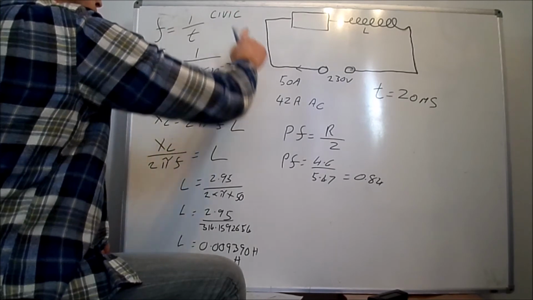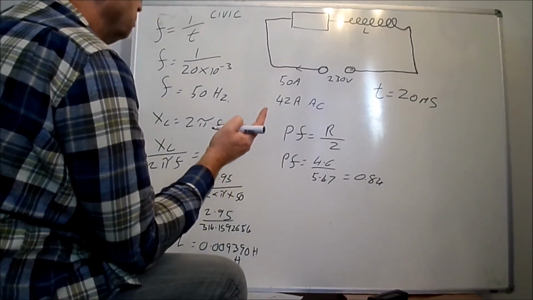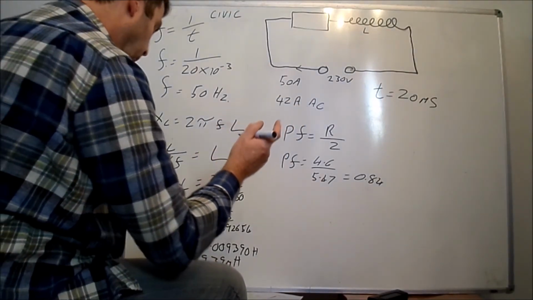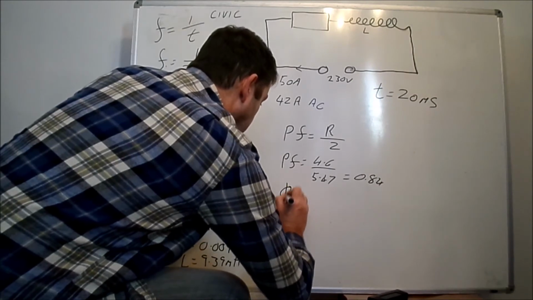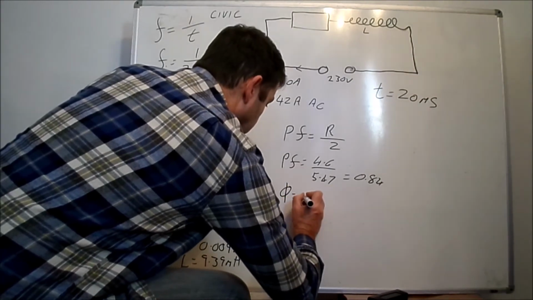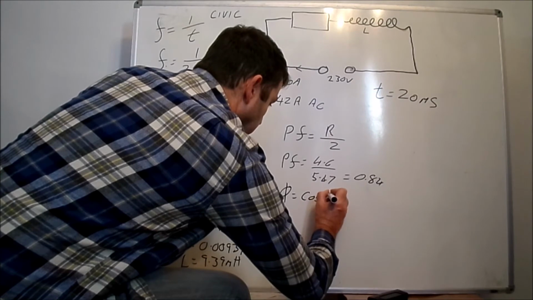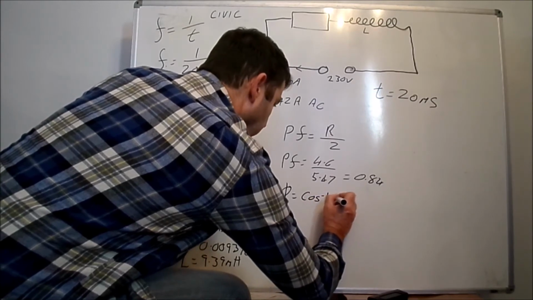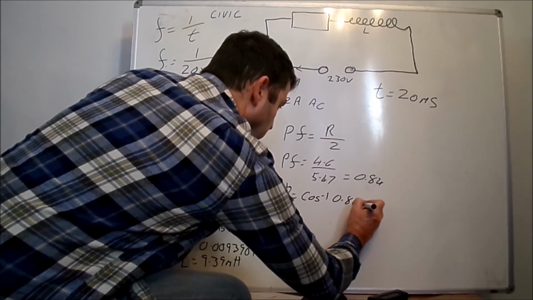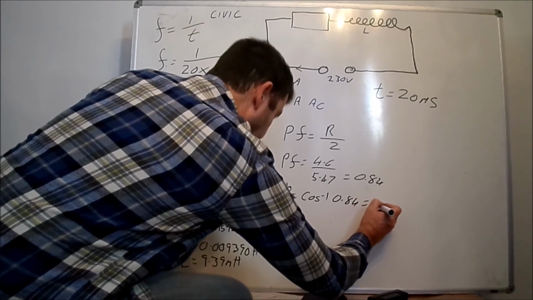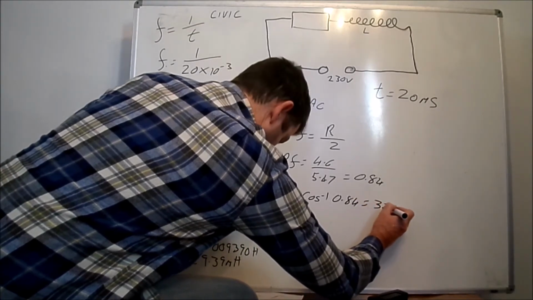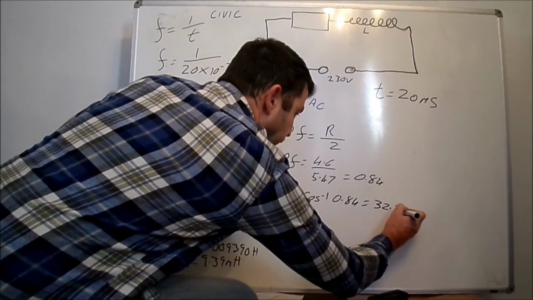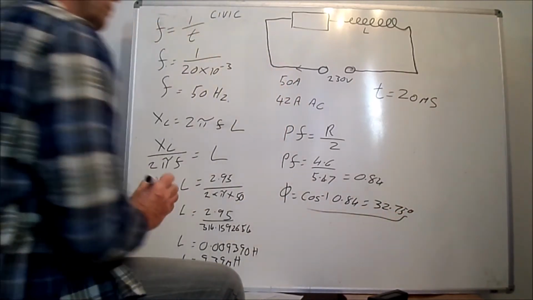And now we can find the angle that I is lagging behind V, and we can say that angle phi is going to equal cos to the minus 1 of 0.84, and that's going to give me an angle of 32.75 degrees.